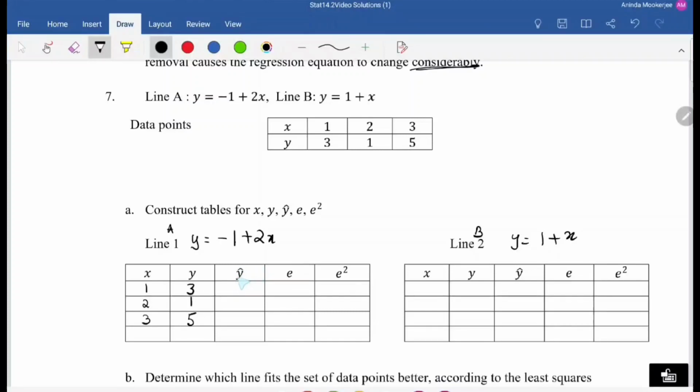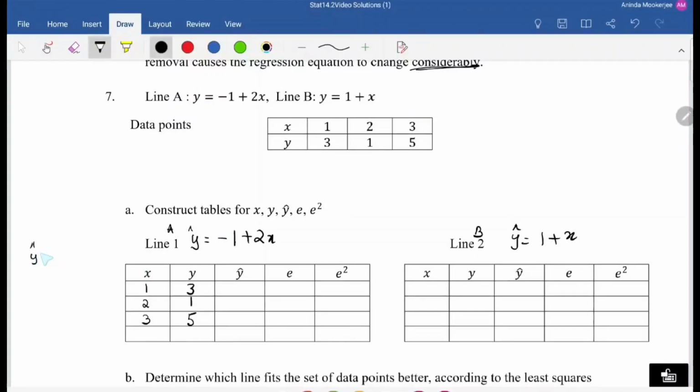So to get the values of y hat, you have to plug the x values into this equation and calculate the y values. So these should be y hat. The first one is 1. I'm going to show you the work here.